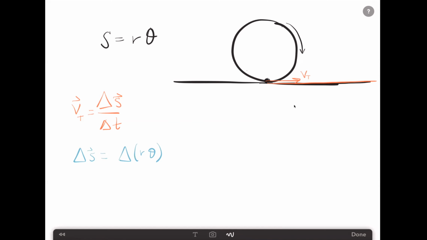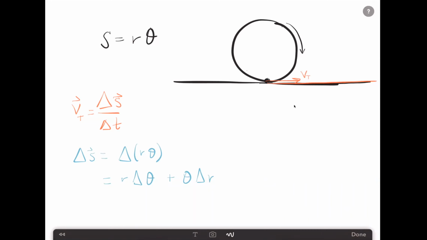I believe this is called the chain rule. It's from calculus, but I'm just going to say R delta theta plus theta delta R. We look at the change, we hold one thing constant and then look at the change of the other variable, and then we hold the other variable constant and look at the change of the next variable.